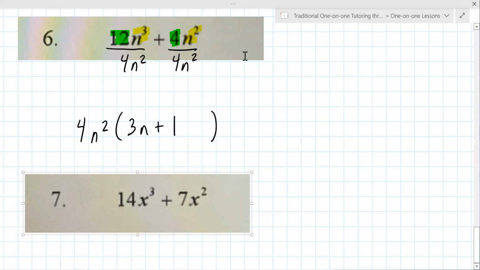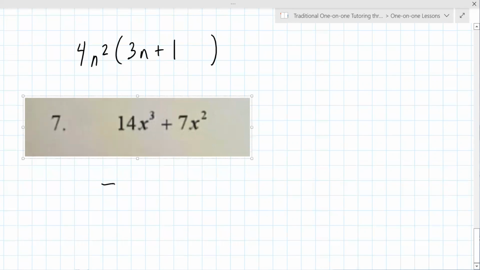Got 7x squared in parentheses 2x plus 1. Very good.